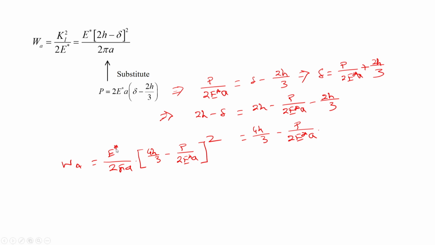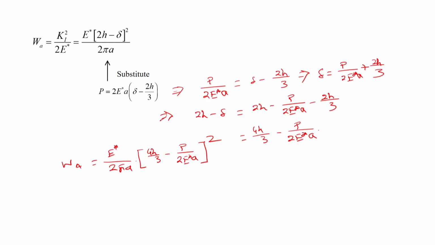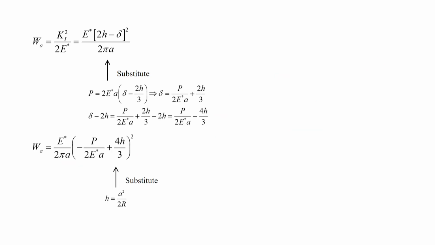I think we can write it in a different form also. Here, let us say that if we want to compare it with the JKR contact mechanics equation, then we can substitute the approximation that we use for the elastic half space. So, h is a square by 2R. Let us substitute that over here.